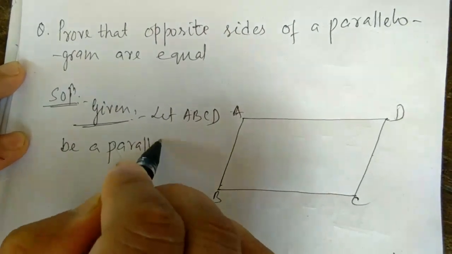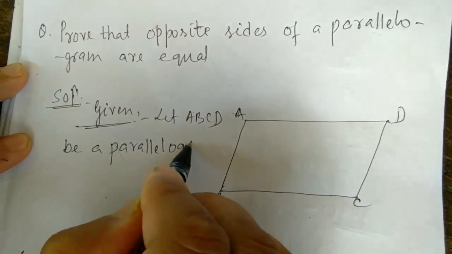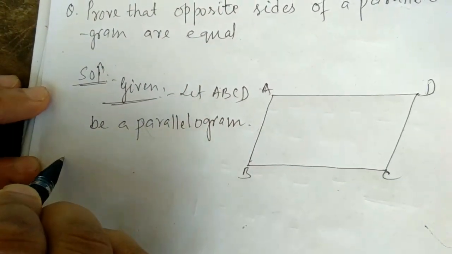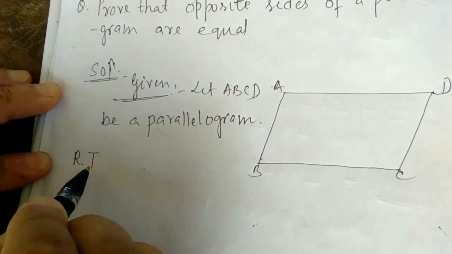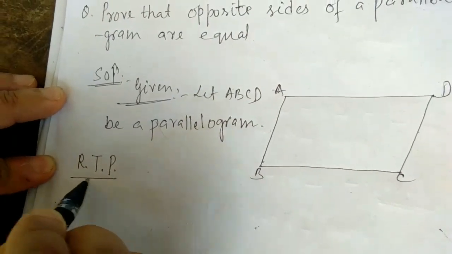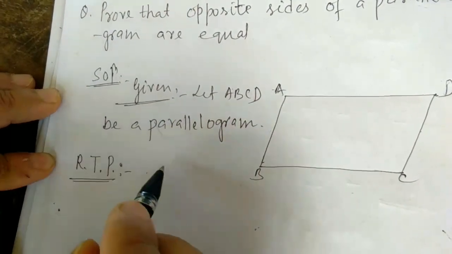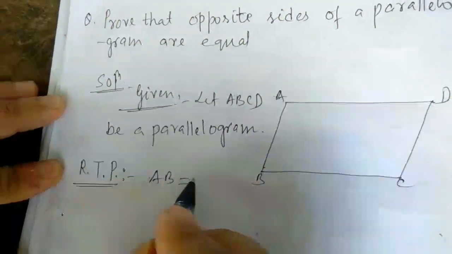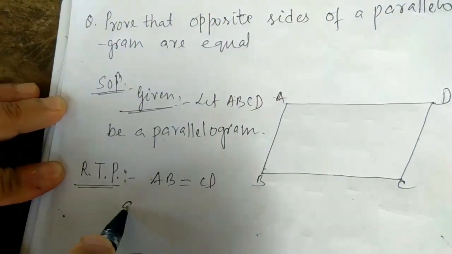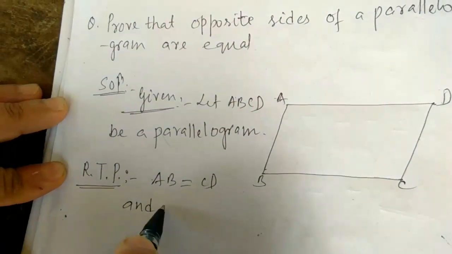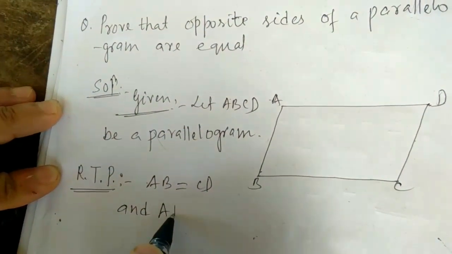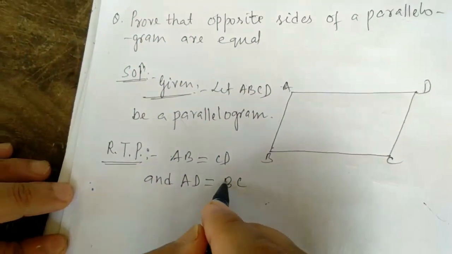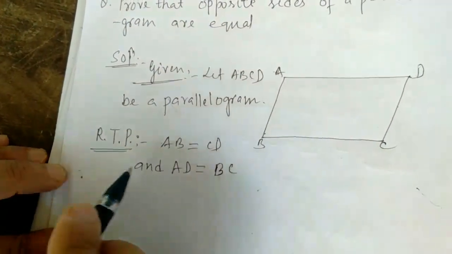RTP, short form of required to prove. We have to prove AB equals CD and AD equals BC. Clear? So this is what we have to prove.